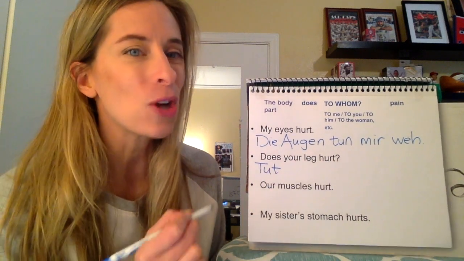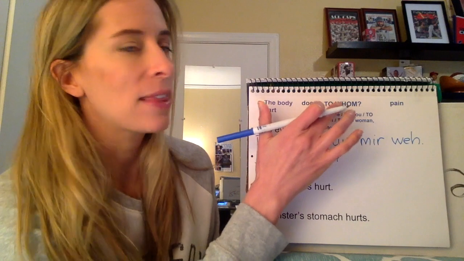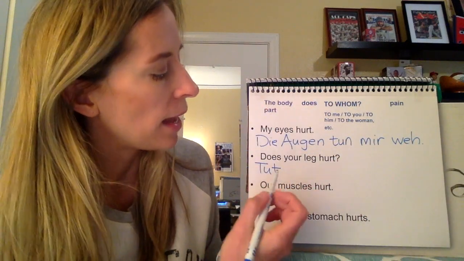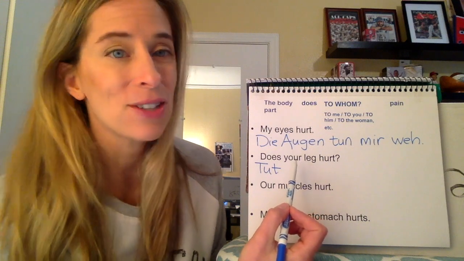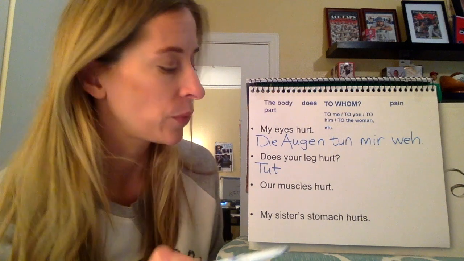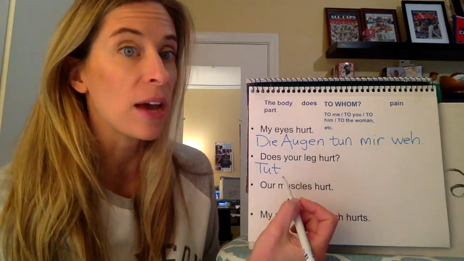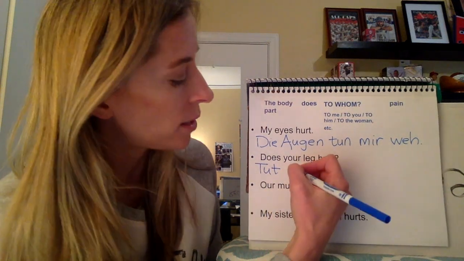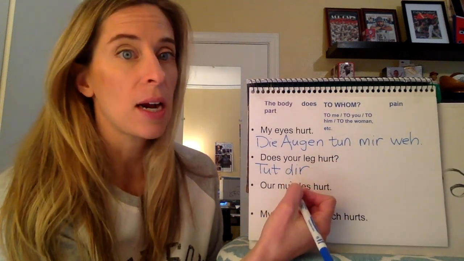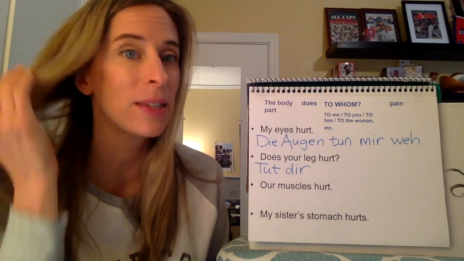And then Germans don't really like to leave that pronoun hanging out at the end. So we're going to go ahead and say our pronoun. And so the leg is doing pain to whom? To you. And so we're going to go ahead and put that pronoun to you here. So that's going to be dir. So tut dir. And now we don't want to say your leg. We don't want to say dein Bein.